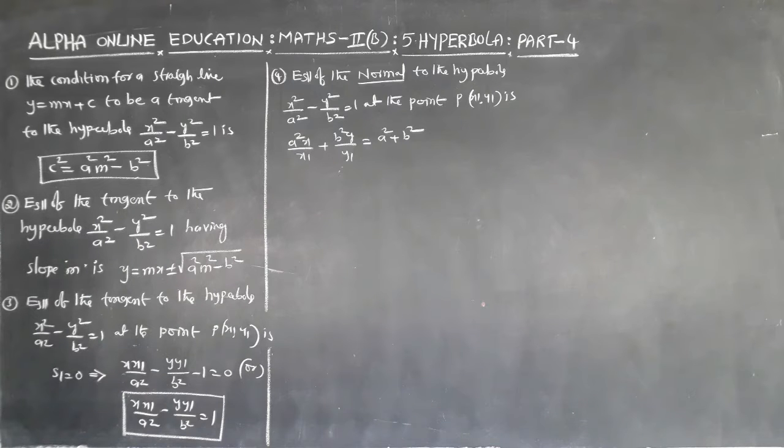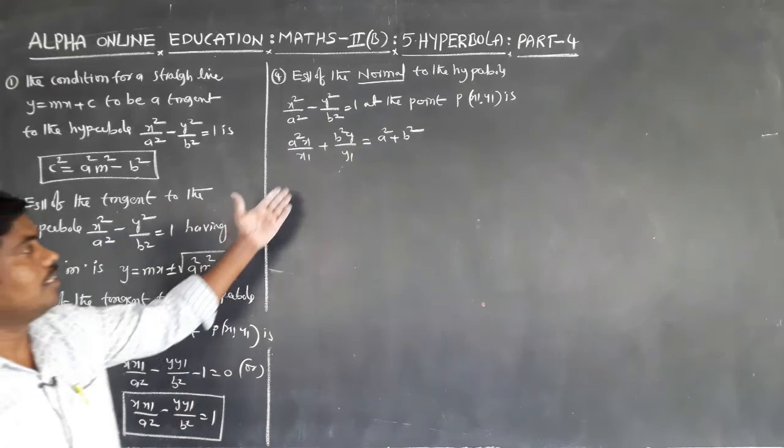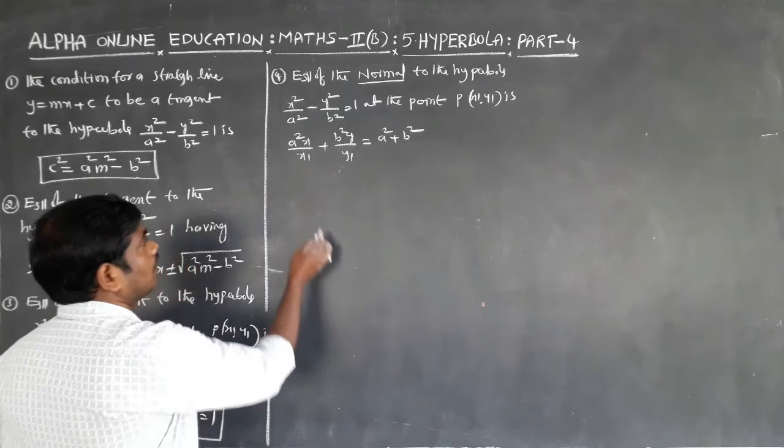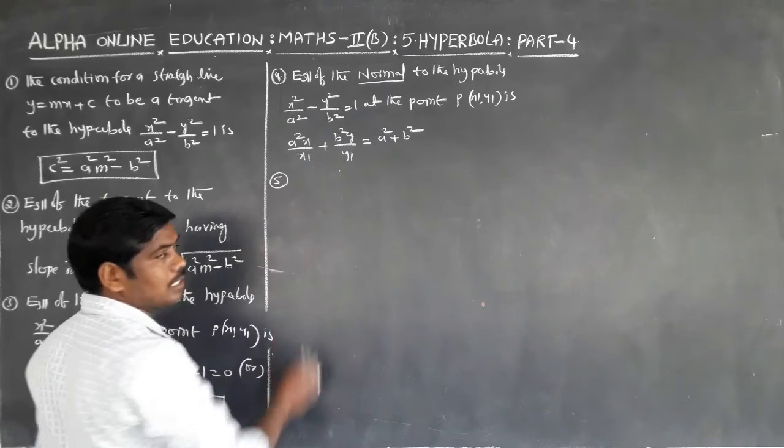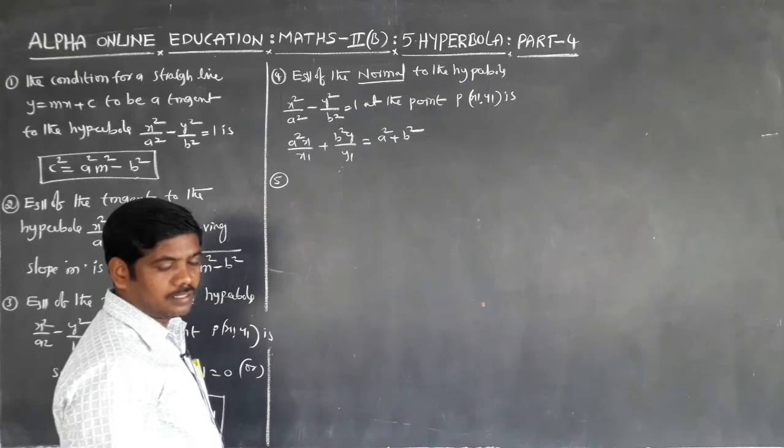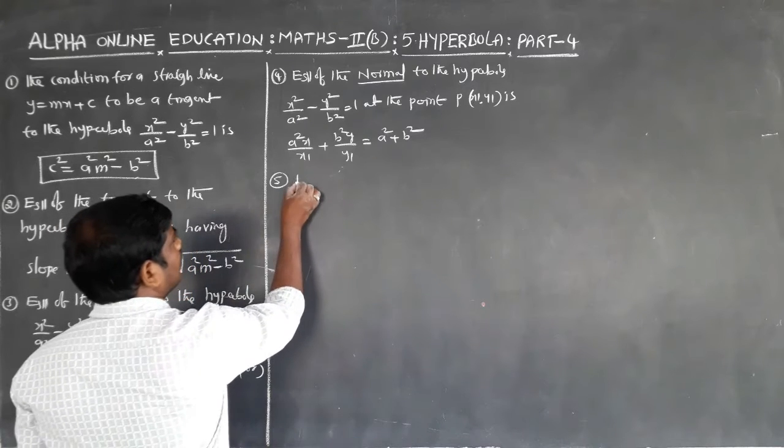This is the equation of the normal to the hyperbola at the point P of x1 y1.